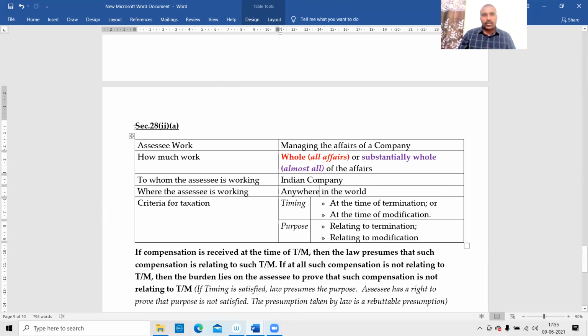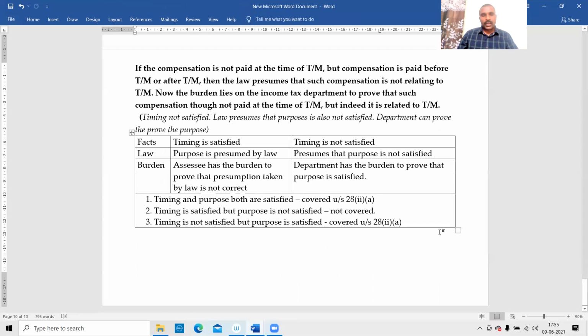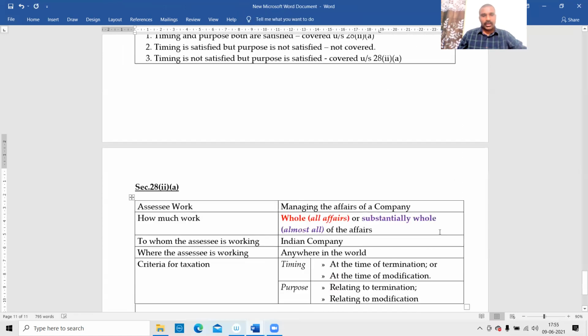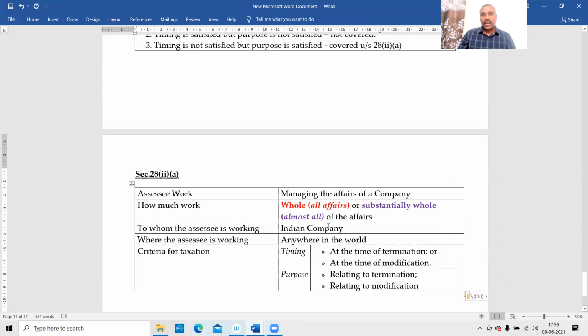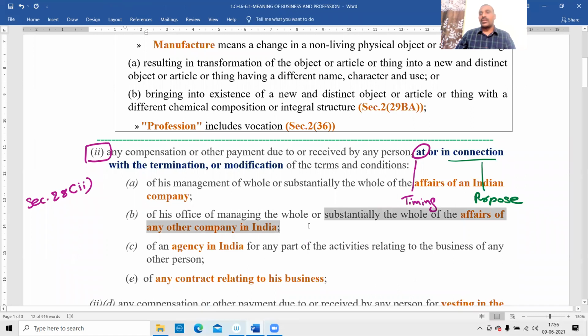But in 28.2B, I'll copy the same thing; the only point is we have to change it. Same place of work. To whom the assessee is working, any company, the service receiver, any company where the assessee is working in India. So two differences: Indian company, and any other company in India.